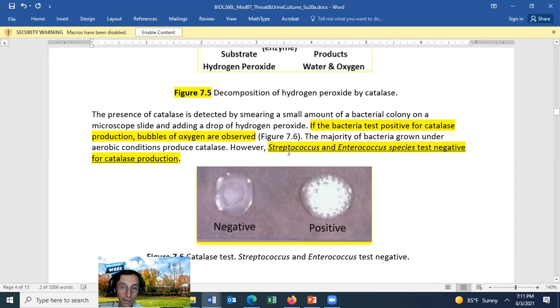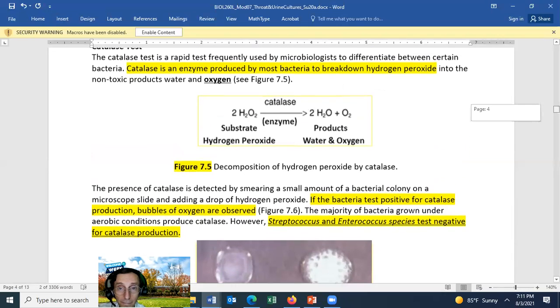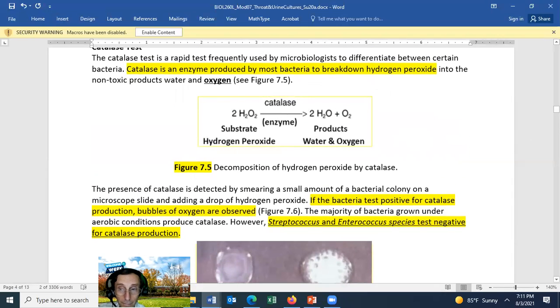Streptococcus pyogenes is growing in the air, well, exposed to the air, and it has no catalase, so it'll be catalase negative. So how is it able to grow in the air? Does anyone remember? It has peroxidase, which converts the hydrogen peroxide into water.